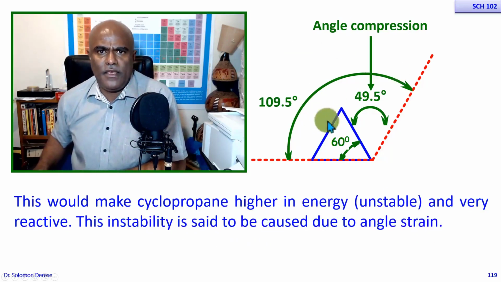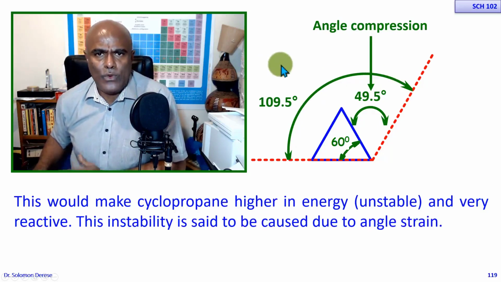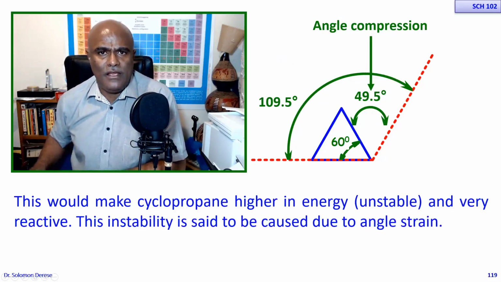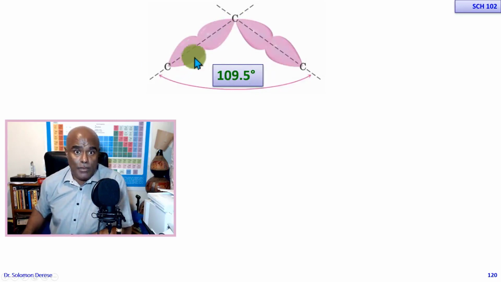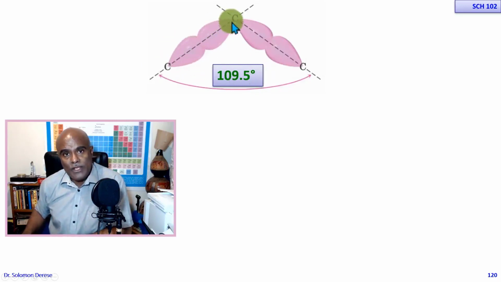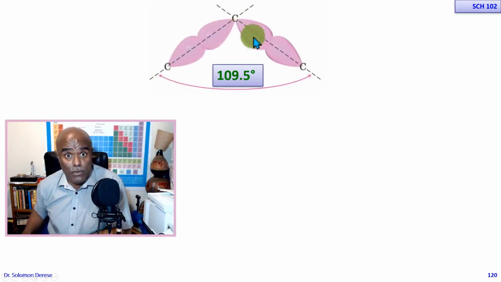Let me further demonstrate how much the angle is compressed and bent to the point of breaking. The ideal bond angle for sp3 hybridized carbons is 109.5 degrees. The orbitals of this carbon and the orbital of this carbon have overlapped head-on to form this particular sigma bond, the same as this sigma bond.